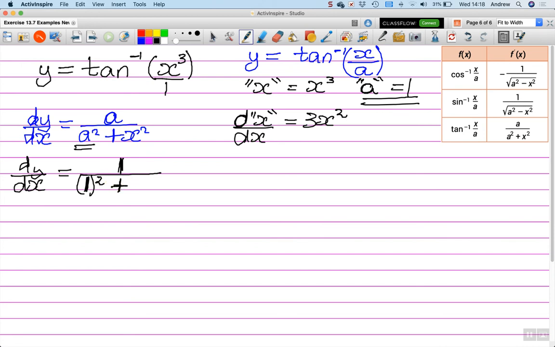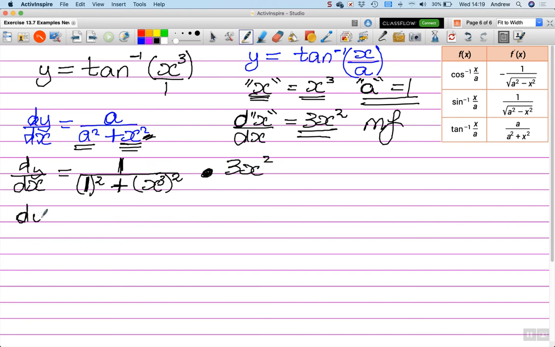Plus, open bracket, we're now looking for the value of x. Well, the value of x is x cubed. And what's happening with that x cubed, according to the formula? It's been squared. And then there's a multiplying factor. Forgot to write in the multiplying factor. And the multiplying factor is 3x squared.